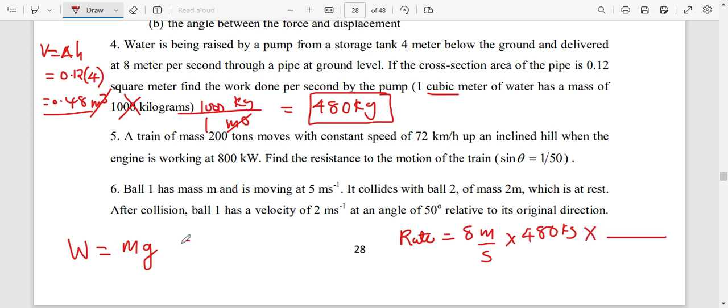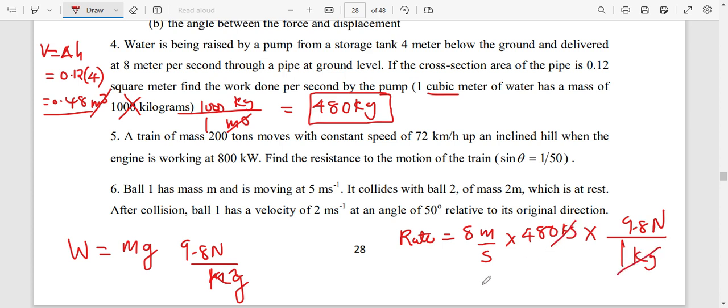Gravity is 9.8 newton per kg, because it can either be newton per kg or meter per second squared when you're using it as acceleration. So in 1 kg, we have 9.8 newtons.